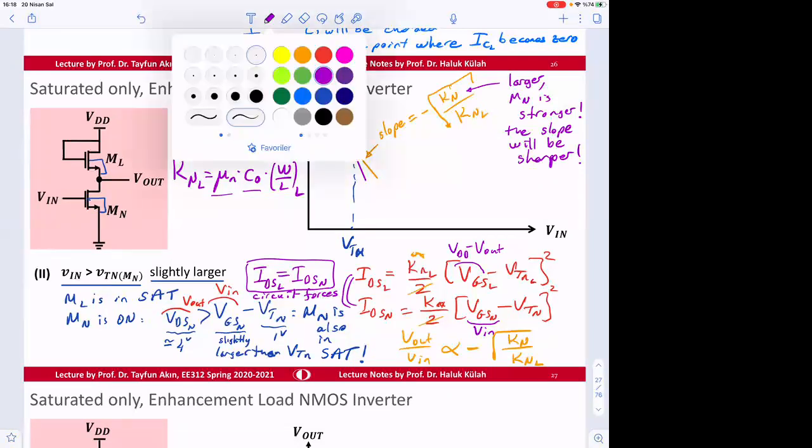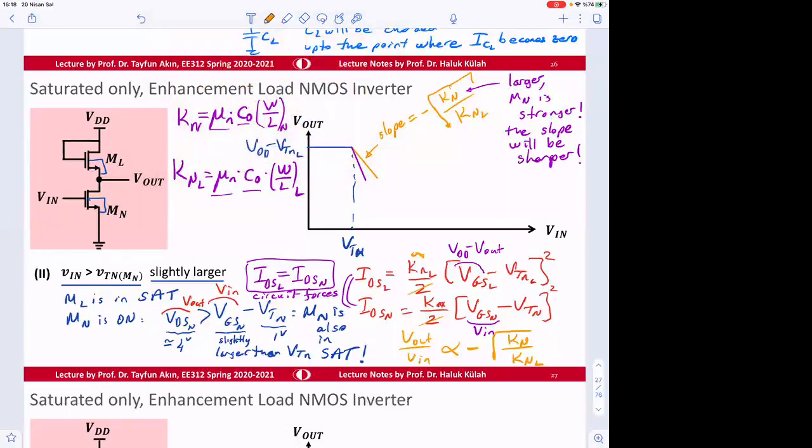So if we continue this graph, you will notice that after a while, up to a certain point, this is maybe the second case. And then after this, in the third case, Mn will go into linear mode.